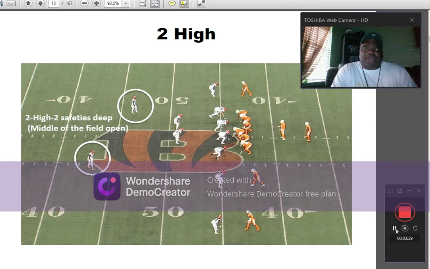So that's possibly a cover 2 man. That's the shell, the probability of them playing cover 2 man. The 2 safeties are back there playing one half of that field, and the cornerbacks and the outside linebackers, or your left and right safeties, are playing man to man.